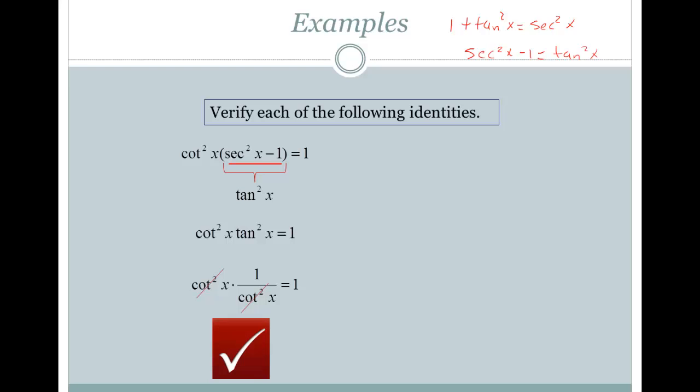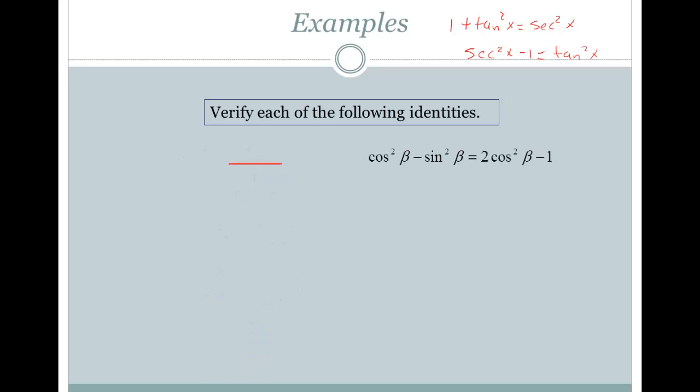Let's do another one. Cosine squared beta minus sine squared beta equals 2 cosine squared beta minus 1. In this particular example, I would try to combine like terms and get everything to one side of the equation. Let's bring things over to this side, combine those two terms, and bring the sine squared to the other side as well.